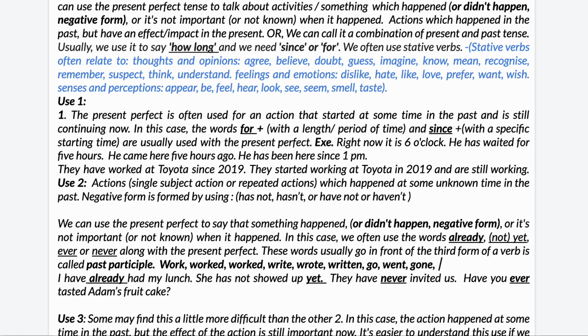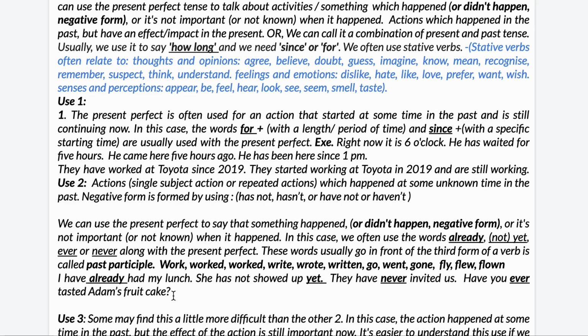Let's do another one. Fly, flew, flown. The base form of the verb we use for simple present, flew is used for simple past, and flown is the past participle used with present perfect. That's a structure we'll have later on.